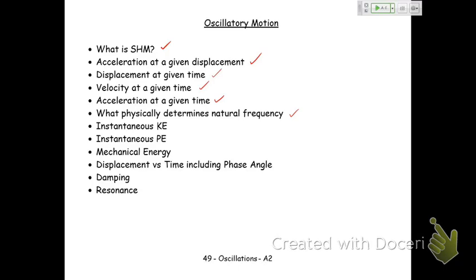You've got to understand it. And that's what we're going to do here. We're going to talk about instantaneous kinetic energy and instantaneous potential energy. And then the total mechanical energy, I expect you to know. It's pretty straightforward.